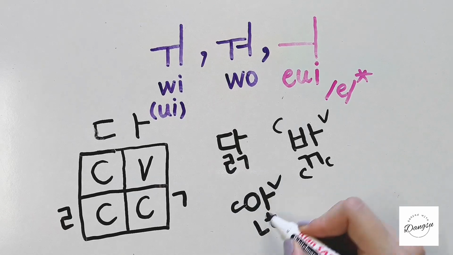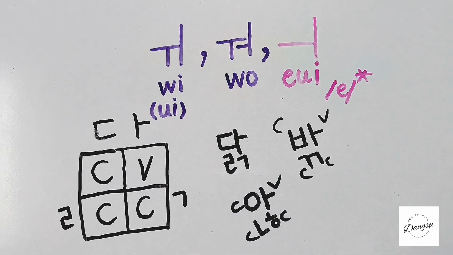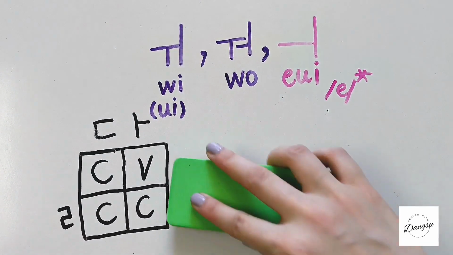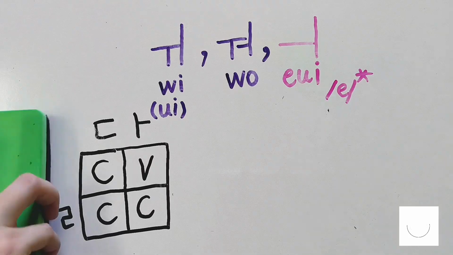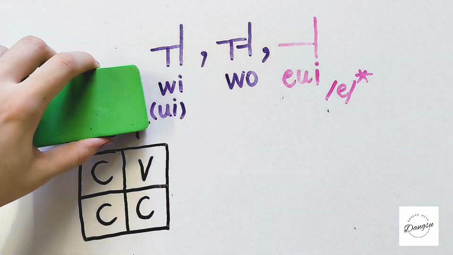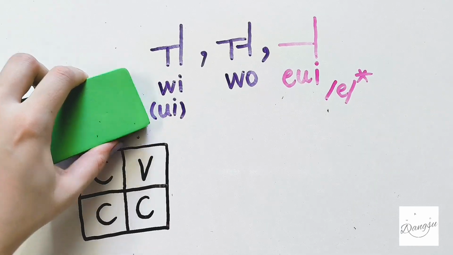It's a CVCC formation. So this was our first of the two blocks. It may look complicated, but it's actually not that complicated.